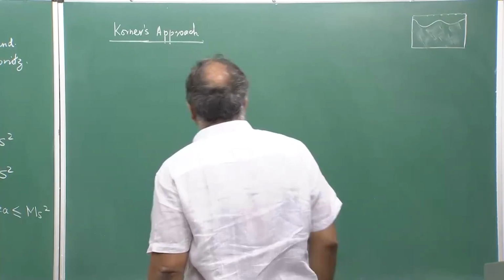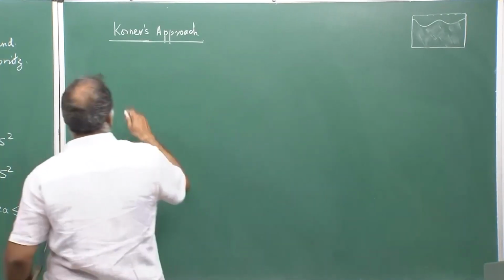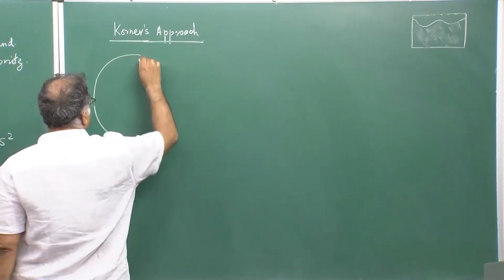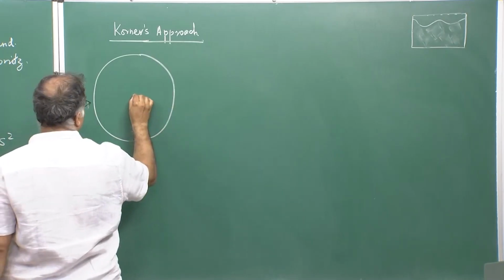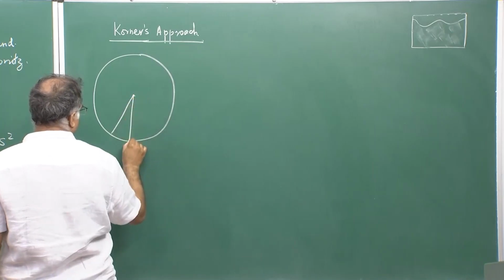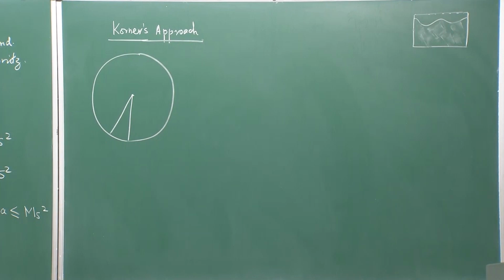Now what is Corner's approach? Corner's approach for computing the area of the circle is that you take a circle. My drawings may not be all correct, beautiful looking, but this is of some radius, say r.